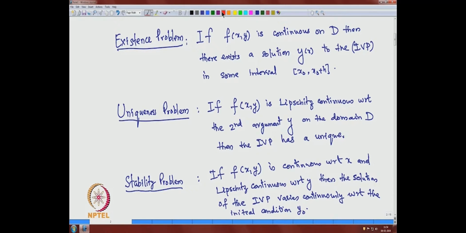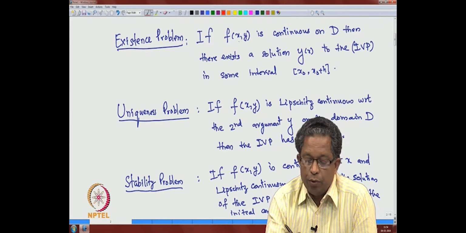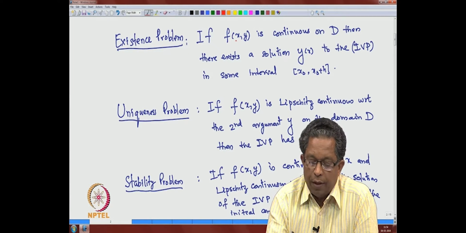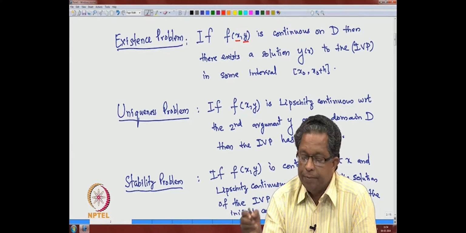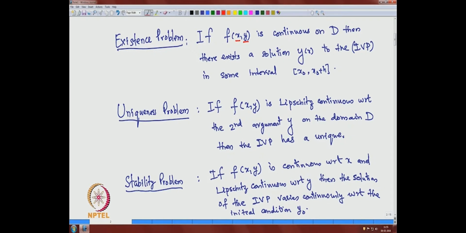See, in the existence problem, what we require is the continuity of f with respect to both x and y. Because f is defined on the domain D, which is a subset of R2, if f is continuous with respect to x and y, then we can show that there exists a solution in some neighborhood containing the initial point (x0, y0).